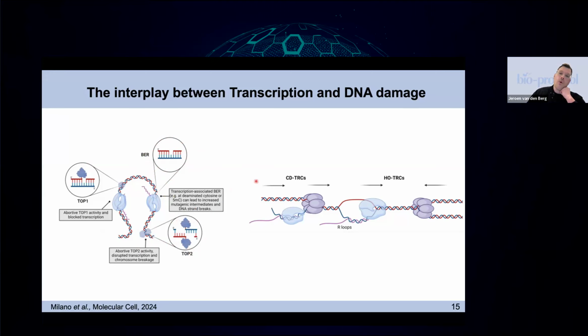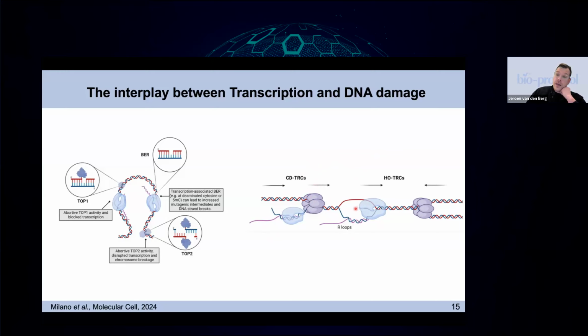DNA replication. But maybe more described in literature are these R loops, which are RNA-DNA hybrids. So this is when an RNA molecule hybridizes with a DNA strand instead of its complementary DNA strand. These can be generated once DNA replication and transcription occupy the same strands.